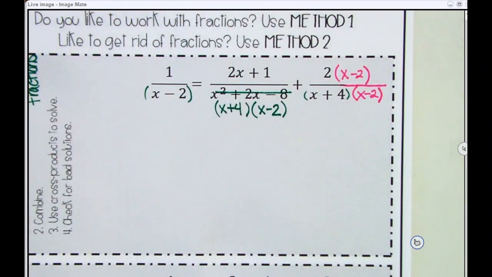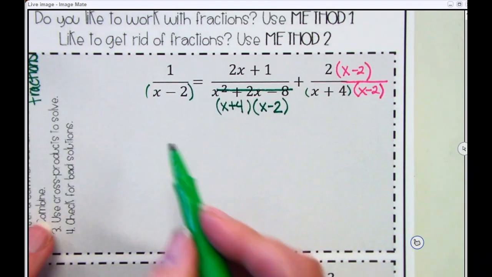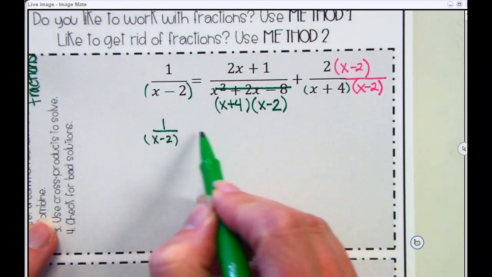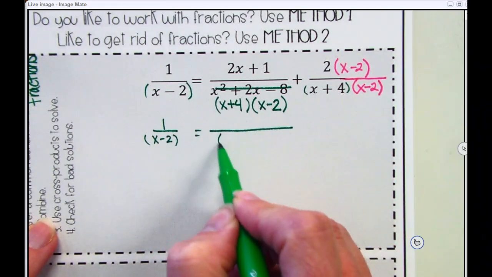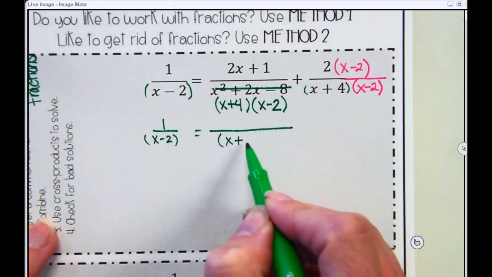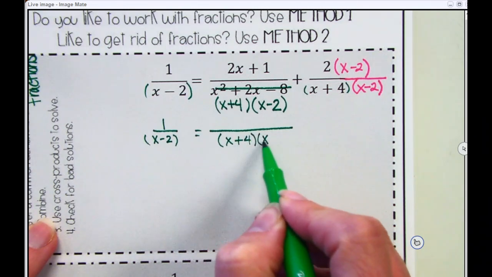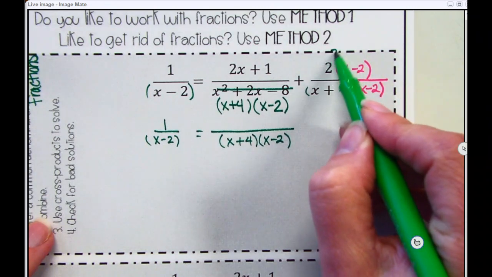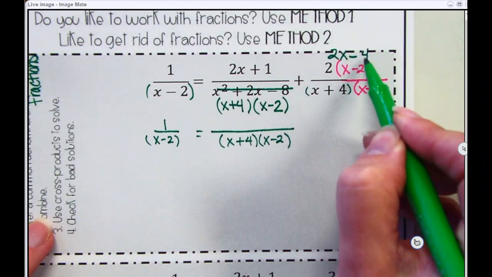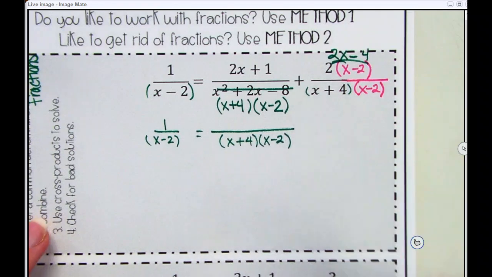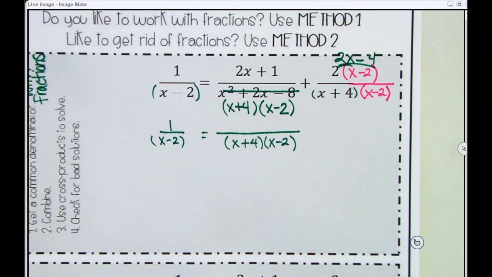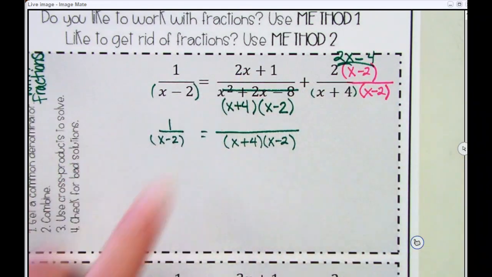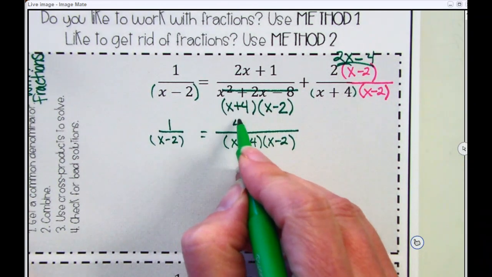All right, so let's clean this up then. I've got 1 over x minus 2 equals, there is my common denominator. And over here, I've got a 2x minus 4. I don't want to rewrite this every time, so just doing a little work right there. So I have 2x plus 2x, which is 4x.